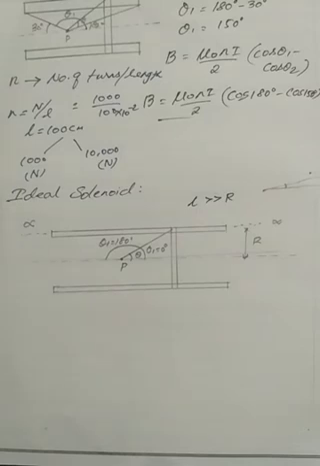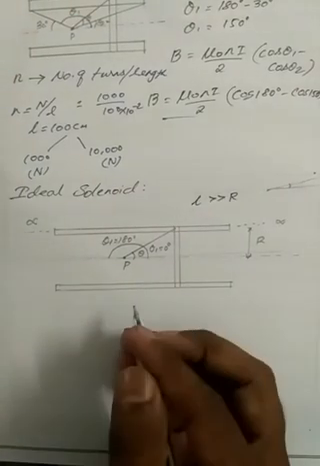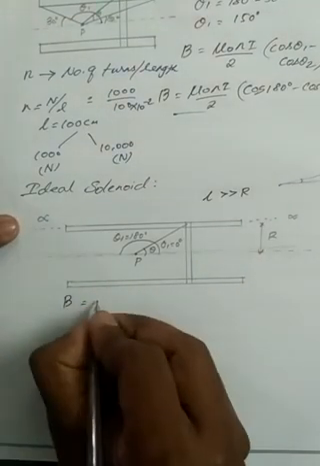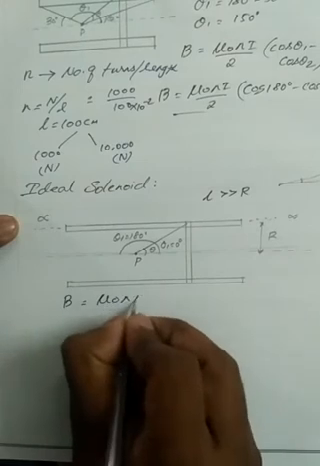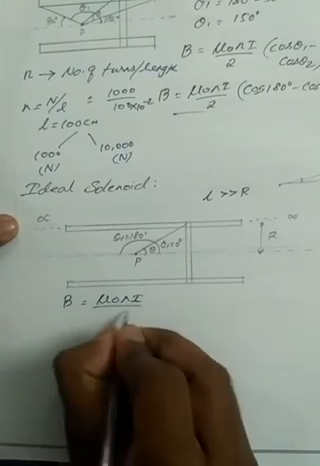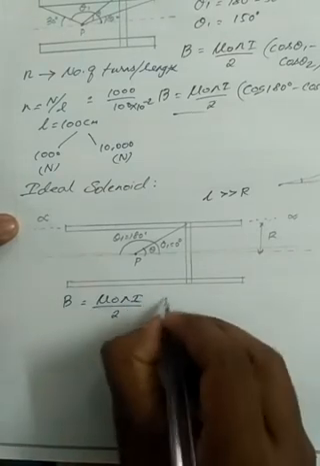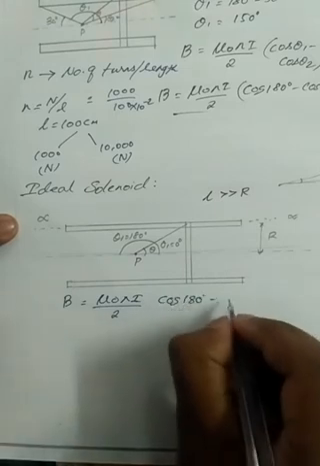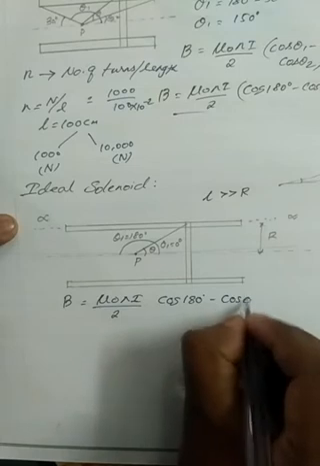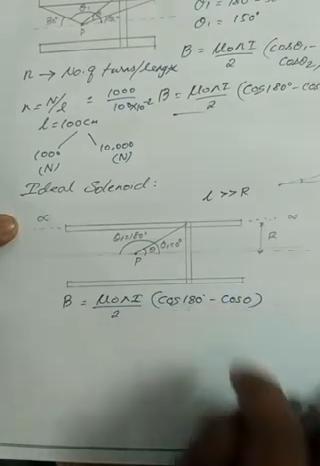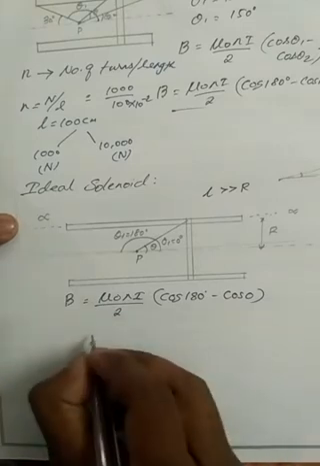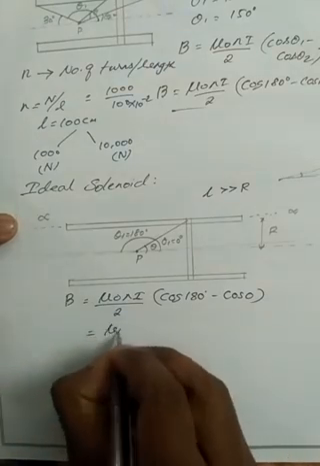Now solve the equation. What is our formula for the magnetic field of a solenoid? B equals mu naught Ni divided by 2 times (cos 180 minus cos 0), that is, cos theta 1 minus cos theta 2. What is the value of cos 180?